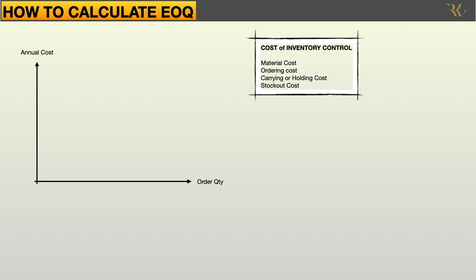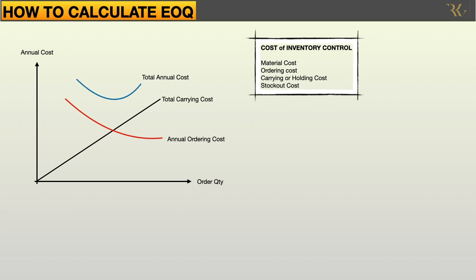We have the annual demand, and accordingly we order the quantity. The intersection of total carrying cost and the annual ordering cost is called the EOQ. We must order this quantity.